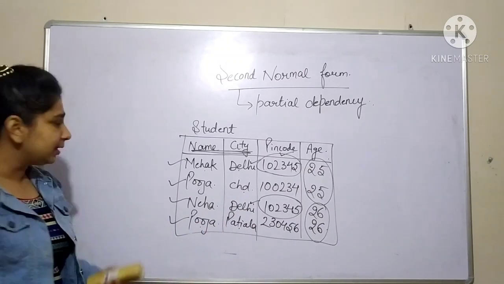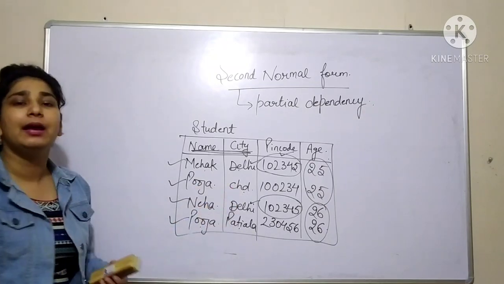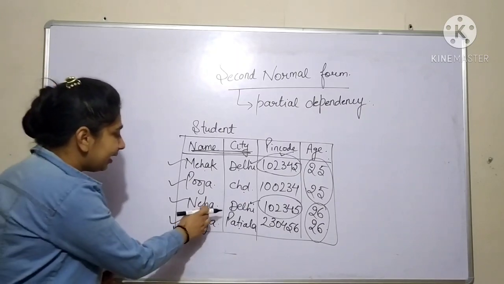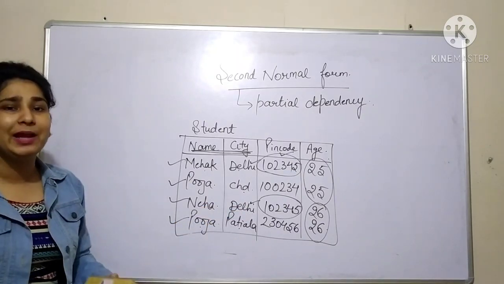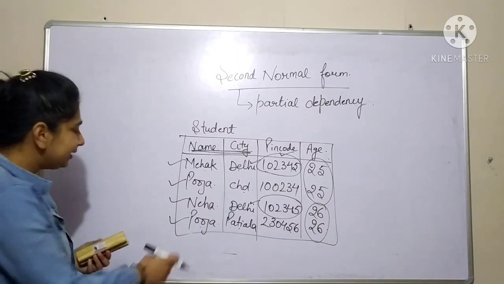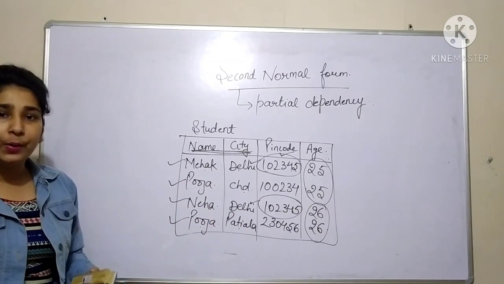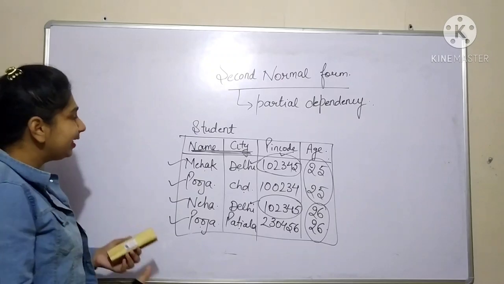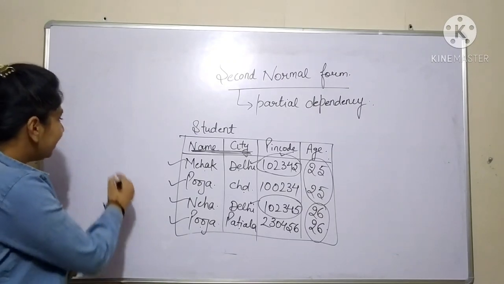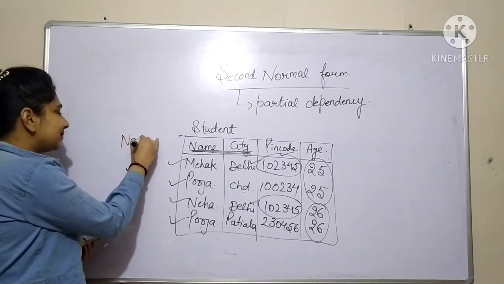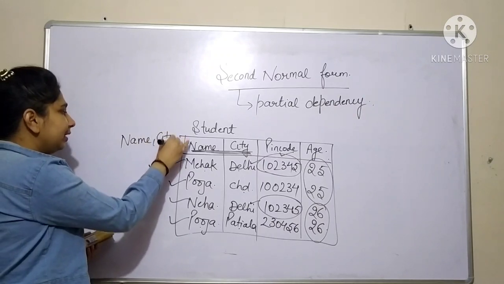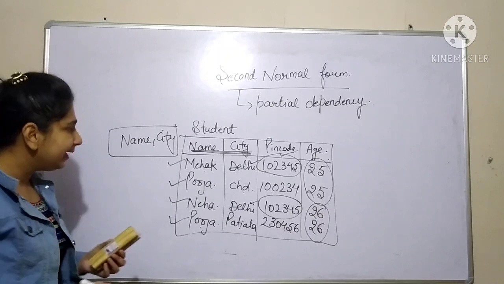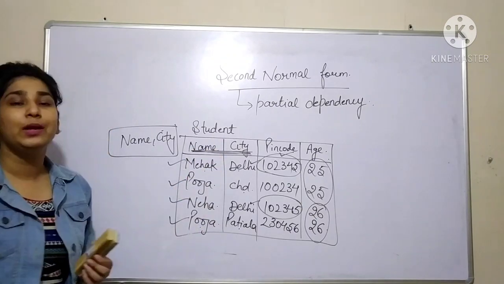At no place will you find Pooja Chandigarh again. Then Neha Delhi; there is no other place where you will find Neha and Delhi. So combinedly, this composite attribute, name and city, can be used as the key attribute for this relation.